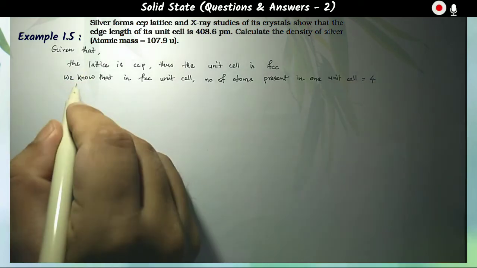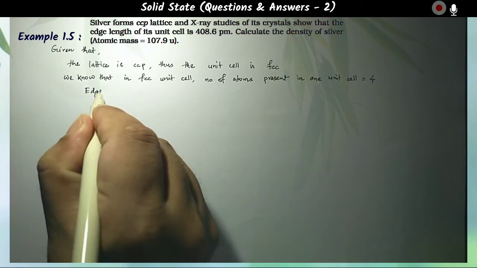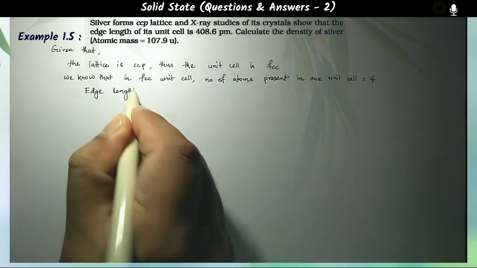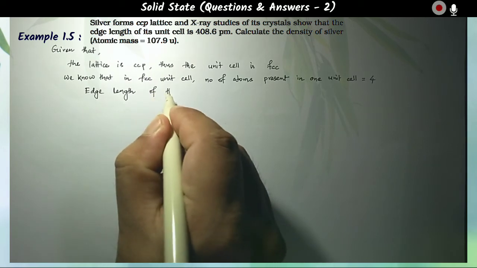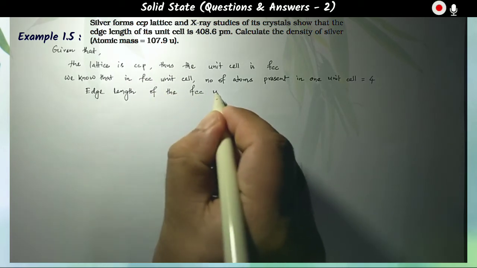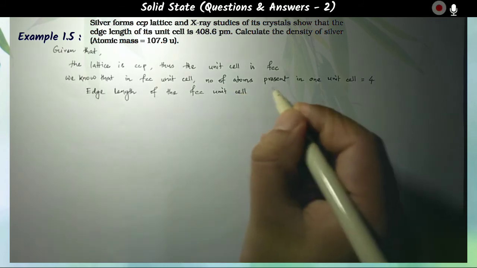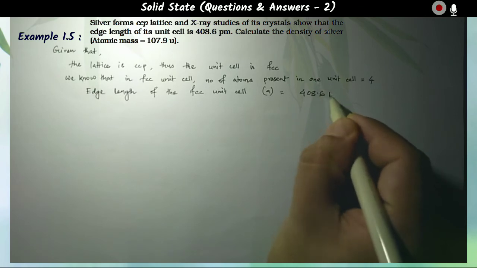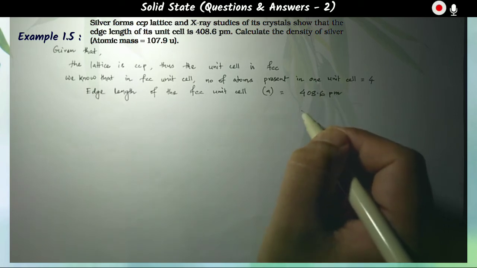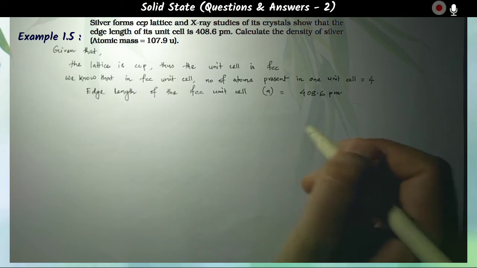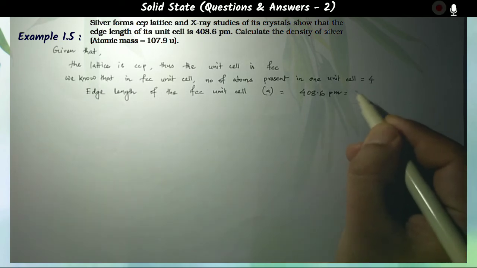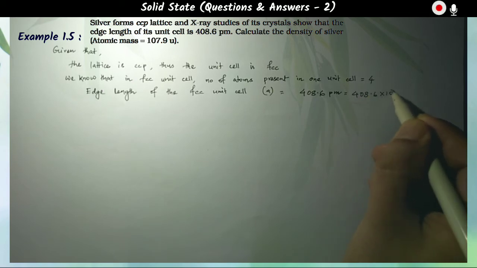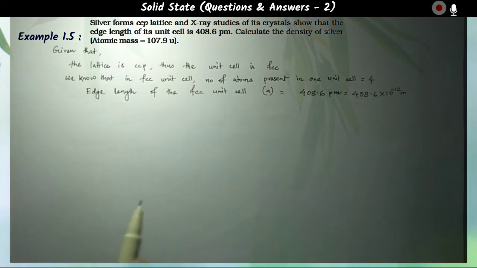And the edge length of the FCC unit cell is given, which is equal to 408.6 picometer. So we have to convert it into centimeter or meter. We can convert it into SI unit, which is 408.6 into 10 to the power minus 12 meter. So this is the value of A.